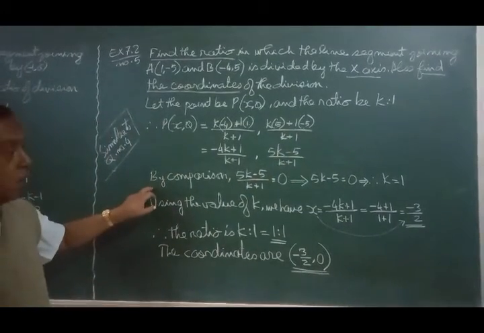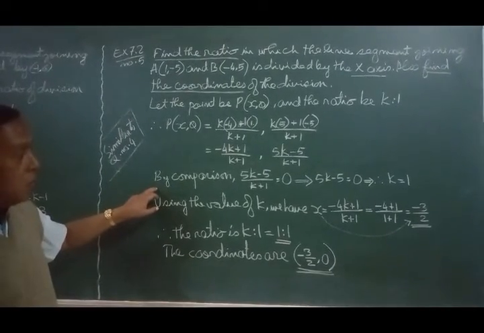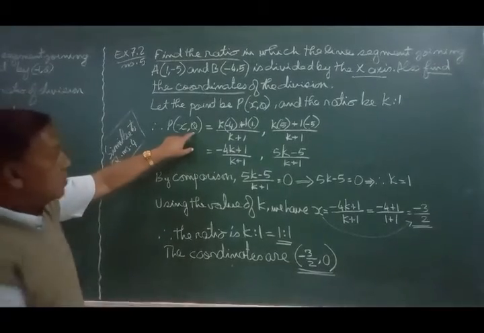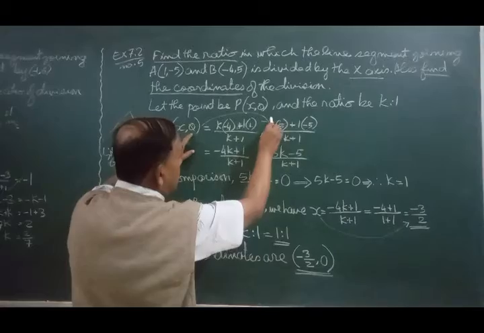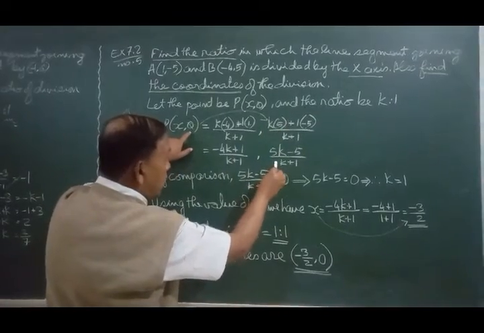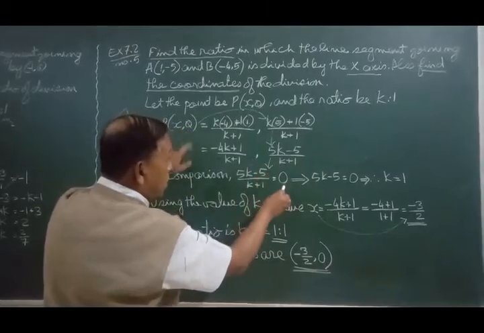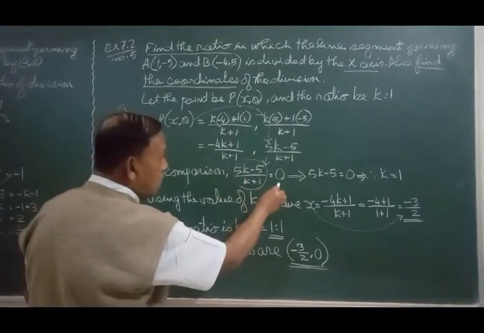And then we say again by comparison, this is 0, the second one. Here the second one is equal to 0. This number is equal to 0.